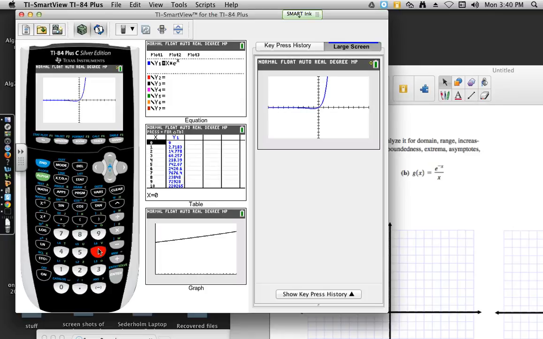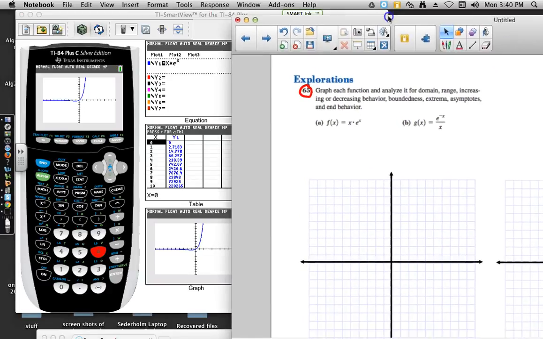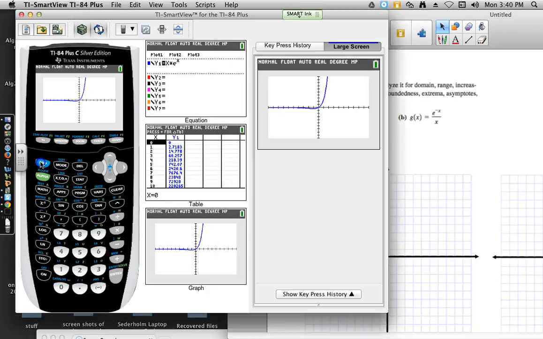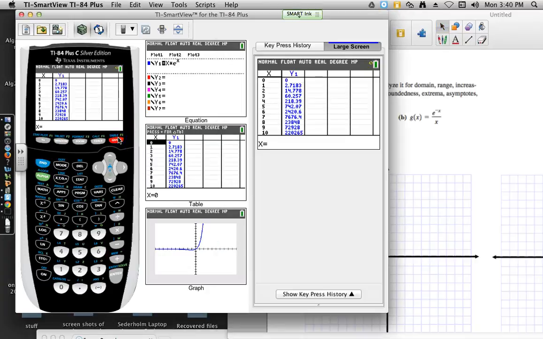Pretty good window. We can see what's going on here, and we could use the table feature to get some of those points over here. So we have 0, 0. I'm actually going to change that table so I can see some of the negatives here. There we go.